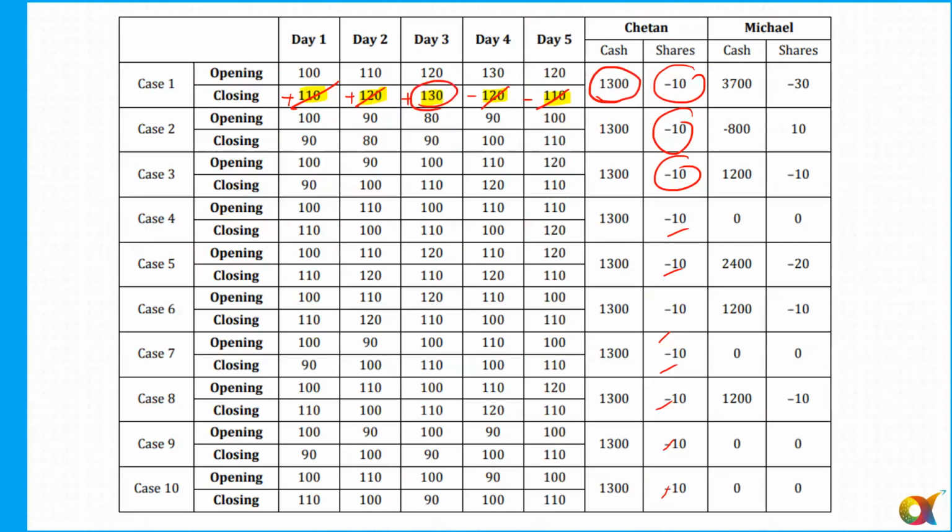Similarly, like you can go for, let's say if I take one more case for Chetan, 100 to 90. So there is a decrease, 90 to 80 decrease. I'll put here, you can see minus and minus. There is a decrease and decrease. And from 80 to 90 increase, so I plus, then 90 to 100 plus, and then 100 to 110 plus.